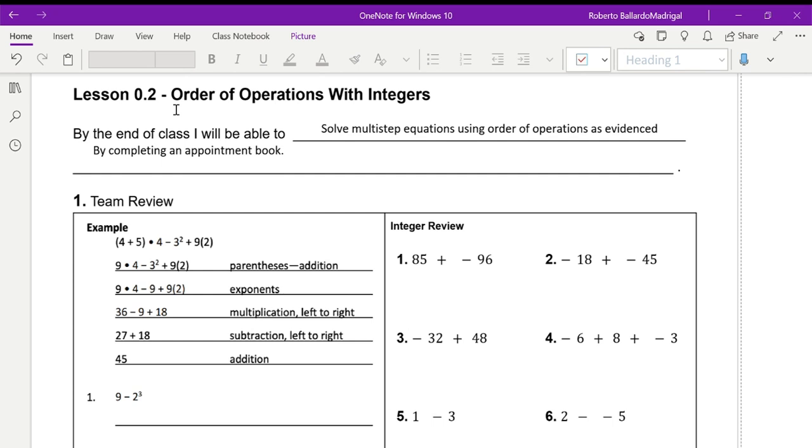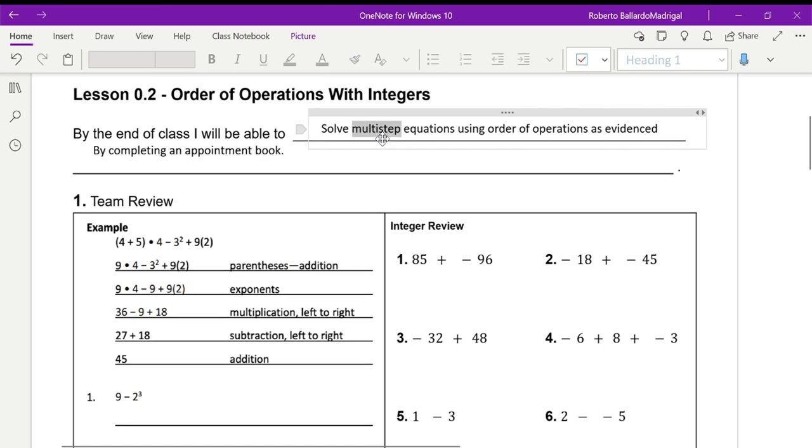Give me a thumbs up when you have the learning target written down so we can move on. Okay, great. You need me to zoom in? I can do that for you guys. Let me make this bigger.